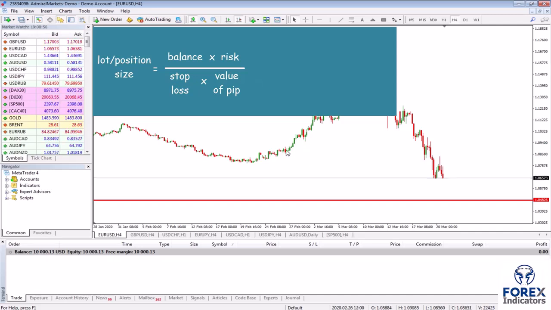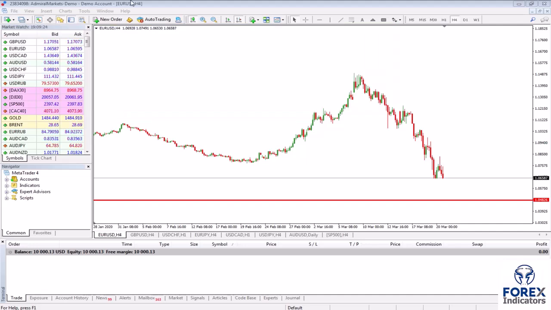Now let's calculate. 10,000 times 0.02 equals 200, divided by 175 times 10, which is 1750. 200 divided by 1750 equals 0.11428.